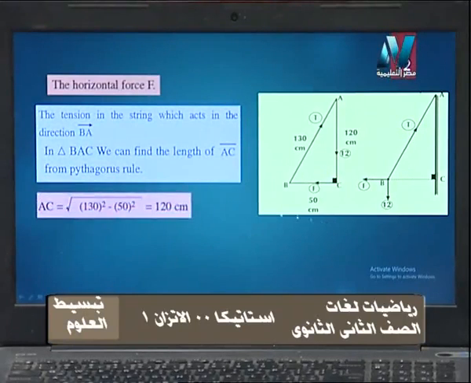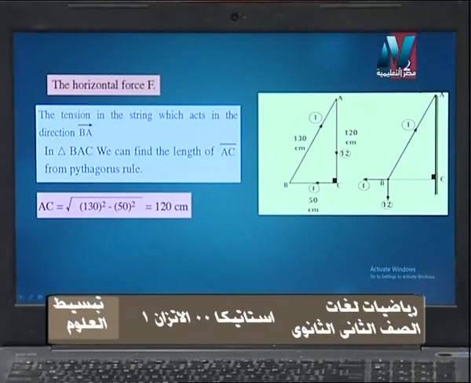Okay, and in the triangle, we can find the length of AC from the Pythagoras rule. We have here a triangle representing these three forces, 12 downward, so we have 12 here. Concentrate with me. F to the left, and we have horizontally F here to the left, and BA represents the tension of the string.